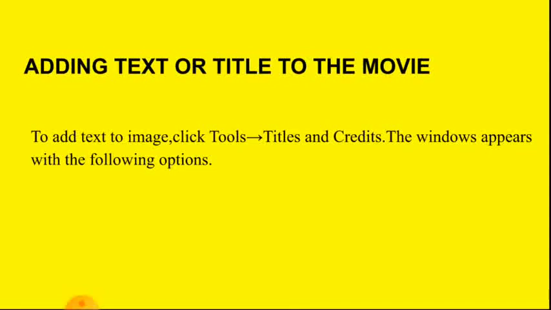Next is adding text or title to the movie. First, to add text to an image, click Tools, Titles and Credits.